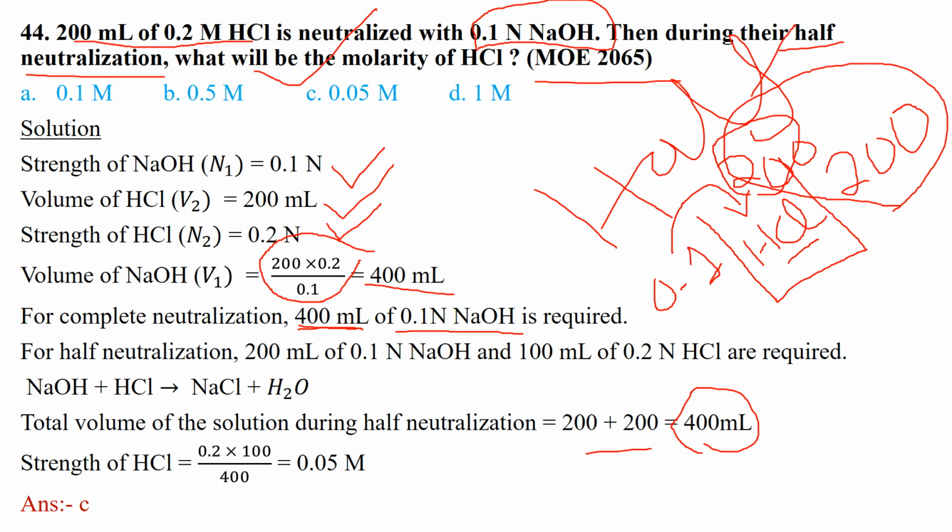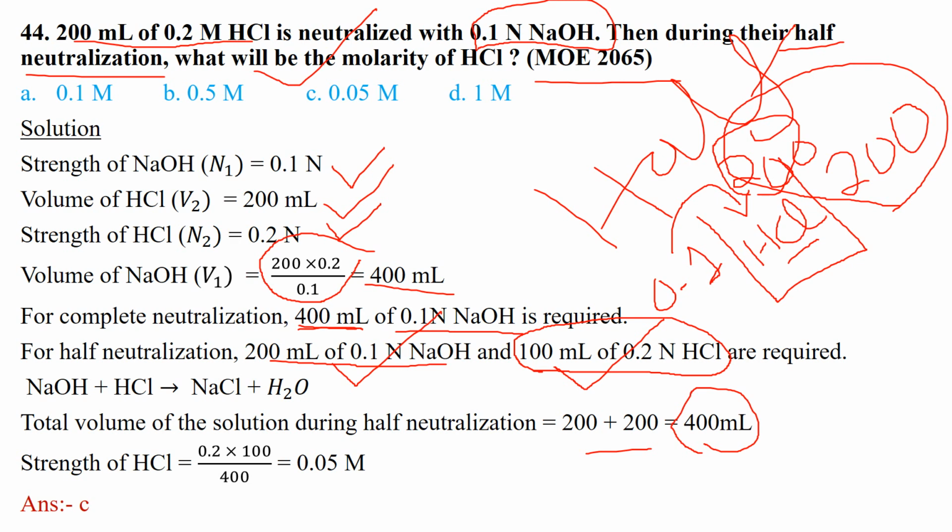During half neutralization, 200 ml of 0.1 normal NaOH is added and 100 ml of 0.2 normal HCl is required for the half neutralization process. So 200 ml of 0.1 normal NaOH is neutralized by 100 ml of 0.2 normal HCl.